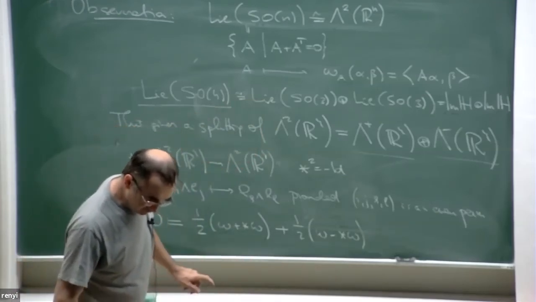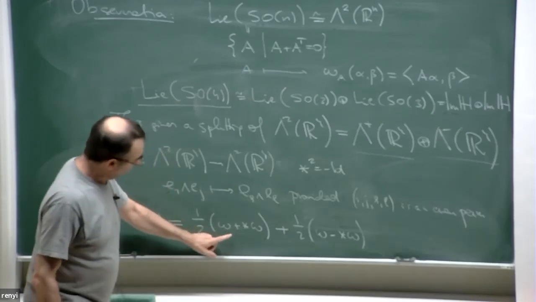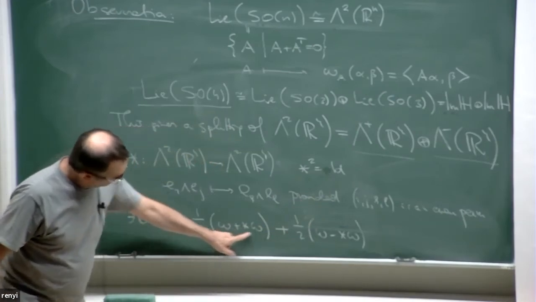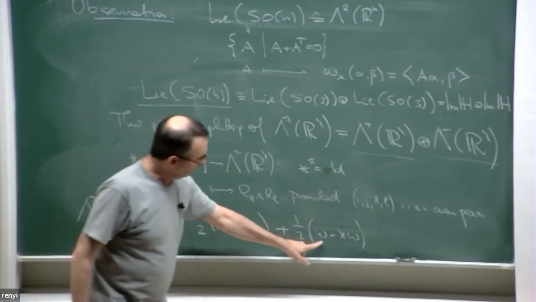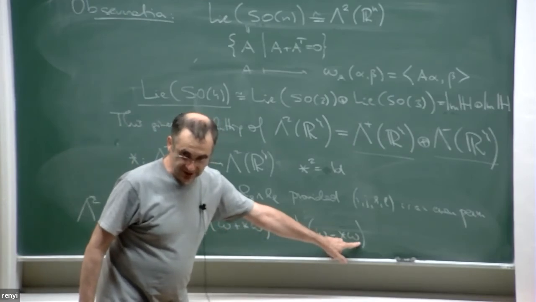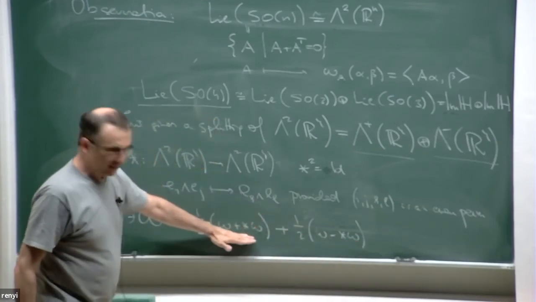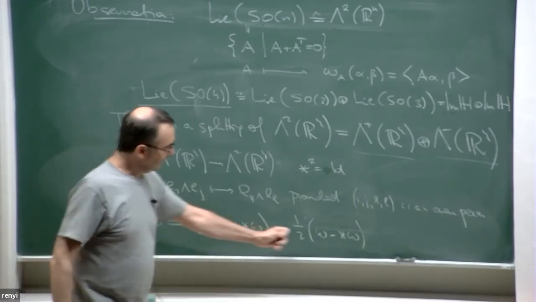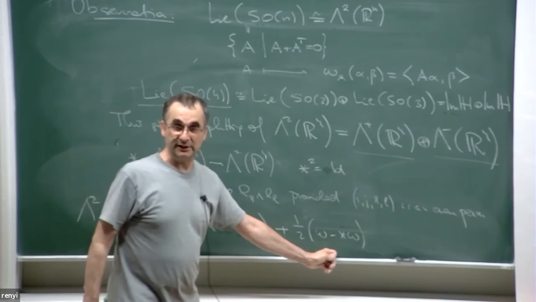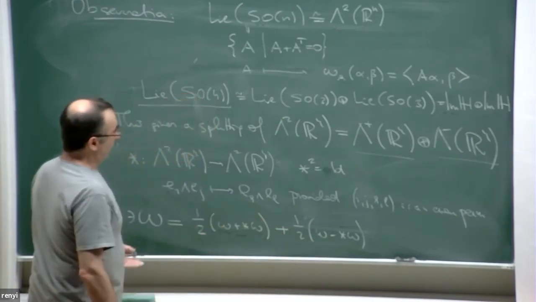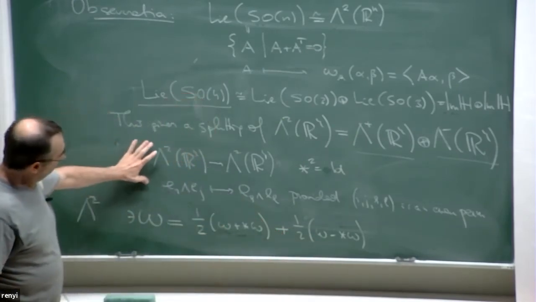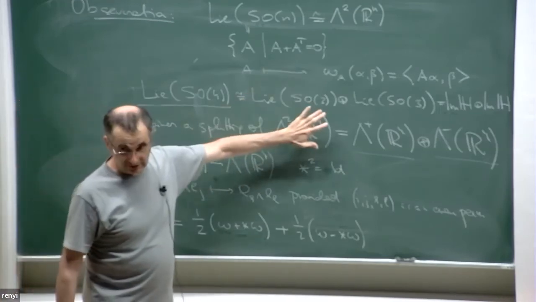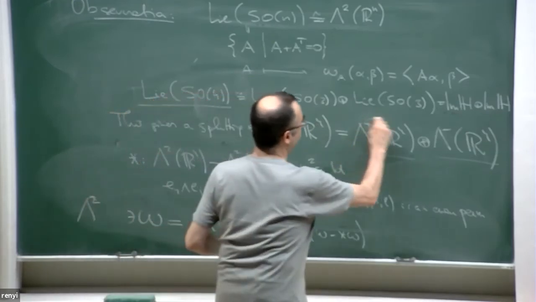And then if you apply star to this guy, it stays itself. And if you apply star to that, then it will go to its negative. So these are the self-dual ones, the guys which stay the same under star, and these are the guys which pick up a minus sign under star. And the claim is that this also gives you a decomposition of lambda 2, and the two decompositions are the same. And this is the reason we denote it by plus and minus.